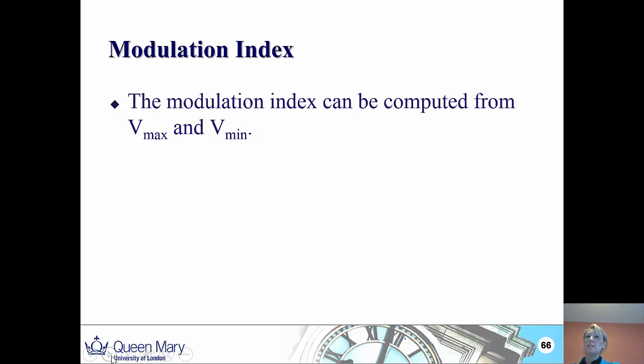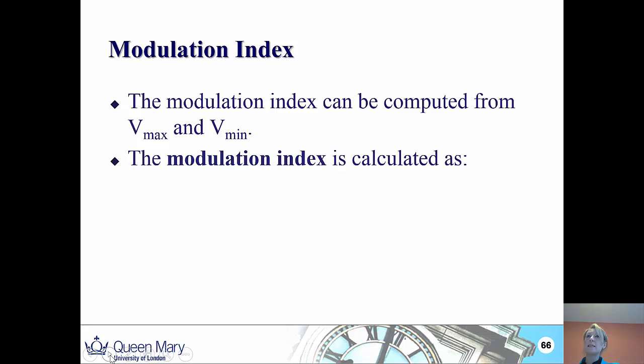So to calculate the modulation index, this is a calculation which you should be familiar with for your exam and also for your tutorial on Wednesday night. We have a modulation index which is calculated from the maximum voltage and the minimum voltage of our signal, using this equation.